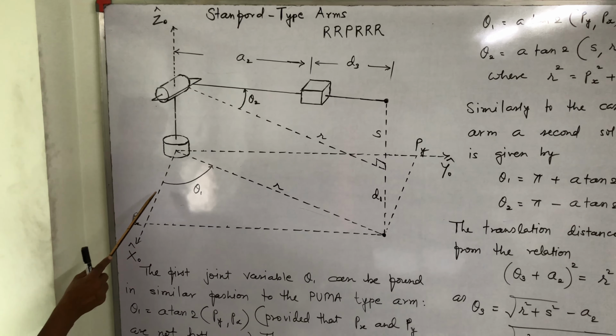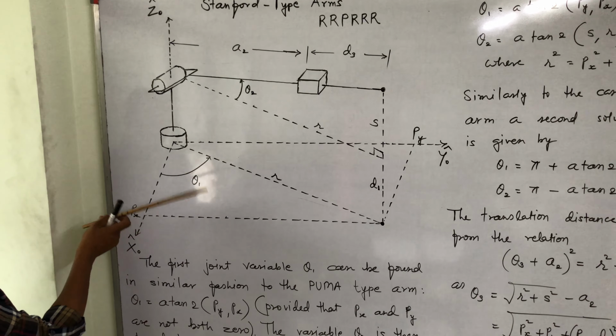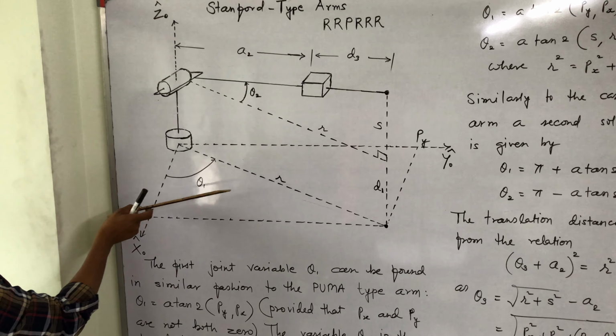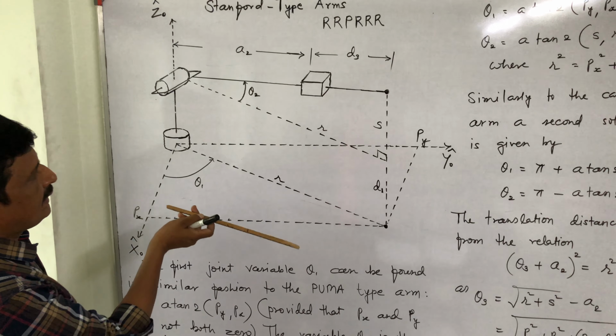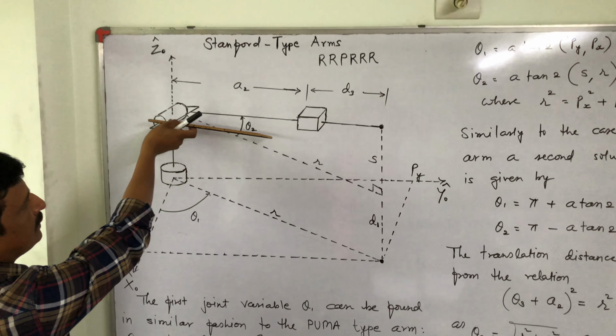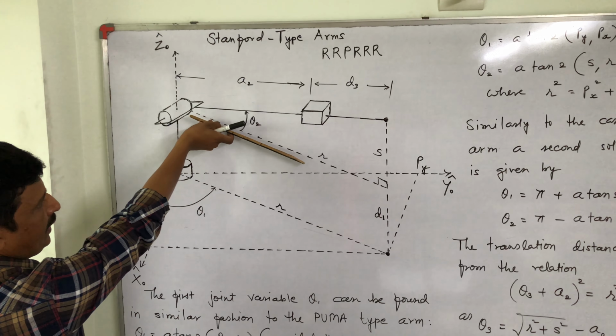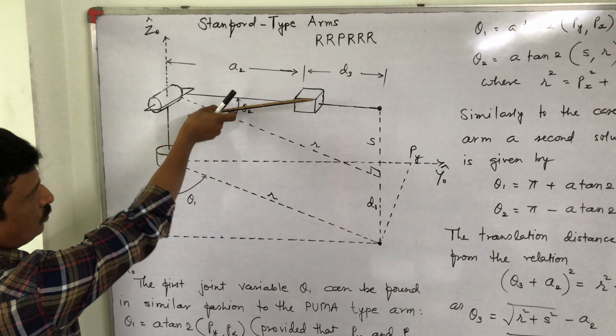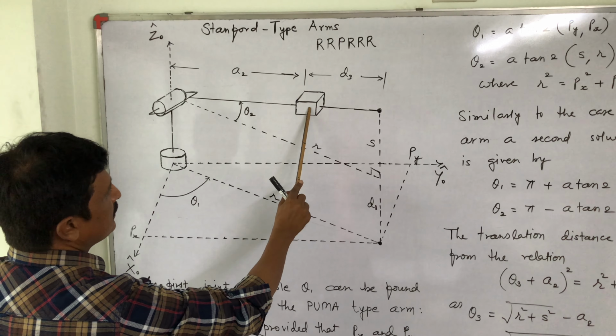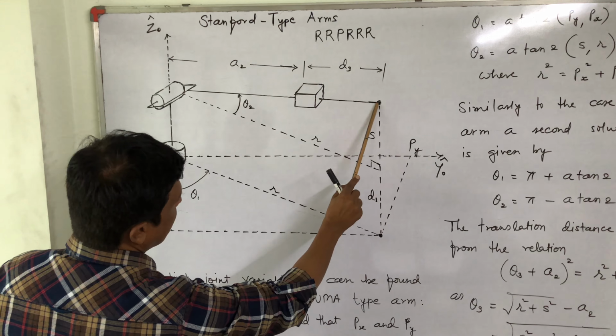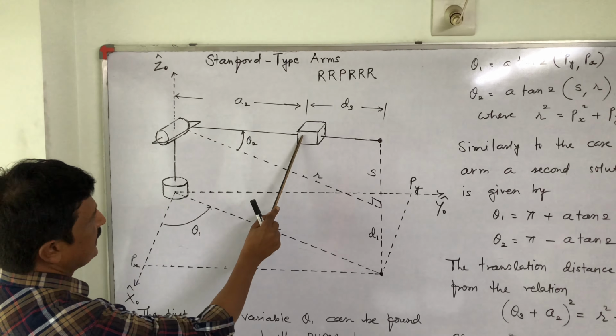So observe the figure. Initially this is rotated by θ1, and then this axis is rotated in the vertical direction by θ2, and the prismatic joint is displaced by d3. This link length is A2.